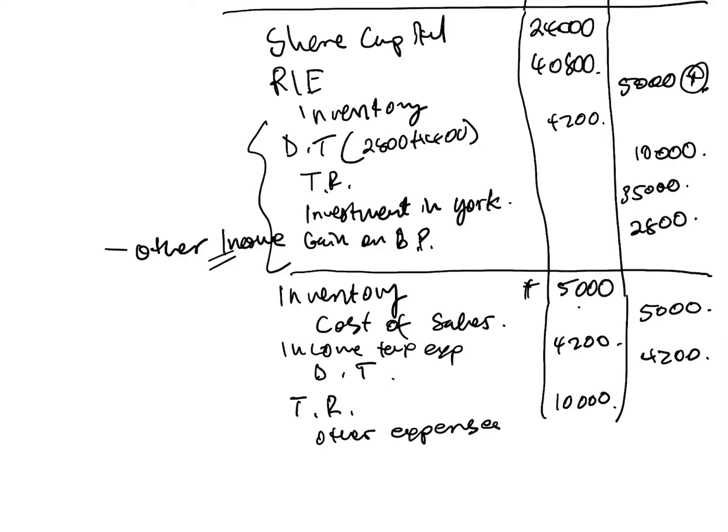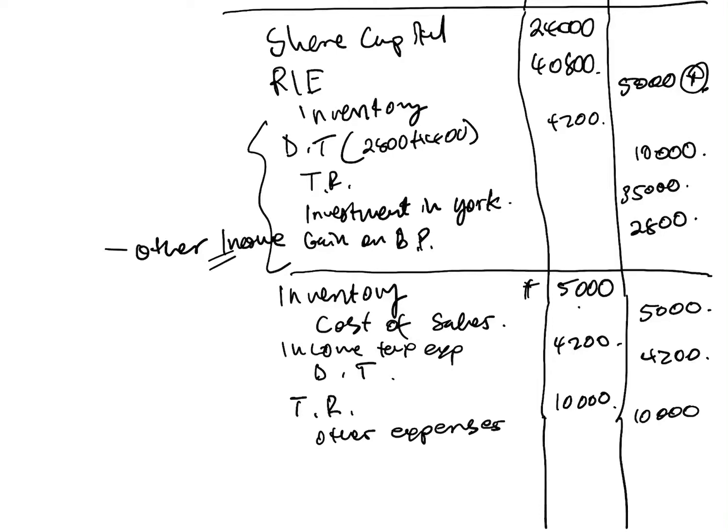Take note of what we did initially: we had reduced our trade receivables. Now we are saying that our trade receivables have increased. The way I take it, I've recovered the trade receivables that I had written off. If I'm recovering them, it means they are increasing our profit. So I'm going to reduce other expenses by 10,000.